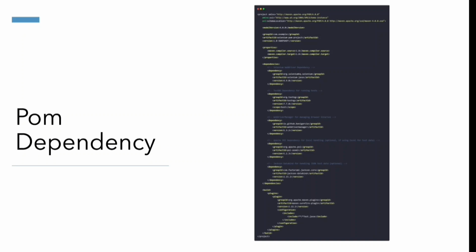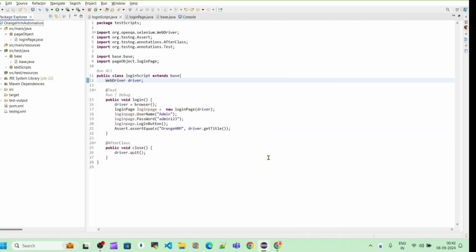POM dependency means all the dependencies we need to write inside the POM, so that Maven can fetch them and build our project easily. We should not need to add each and every element by cherry picking it and putting it inside the resources file.